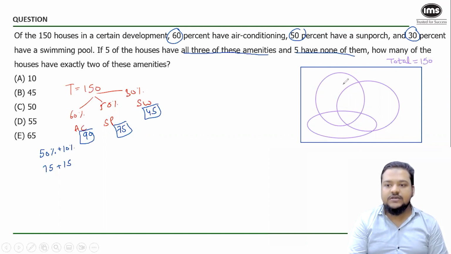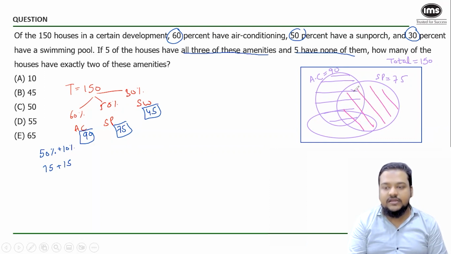Now in the first circle, I will write the houses which have air conditioning, that is 90. So 90 is nothing but this entire circle. Very important to understand. And let's say the sun porch has 75 houses, so this entire value is nothing but 75.